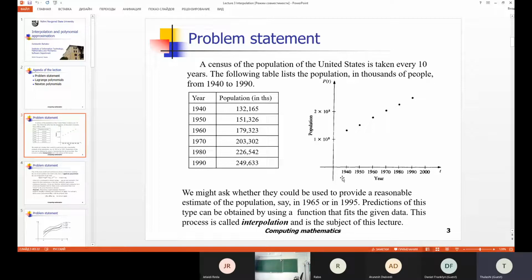For example, in 1965 or 1995, we know only these data. And the question is how to provide a reasonable estimate of population in these intermediate years, for example, in 1995 or any other year.